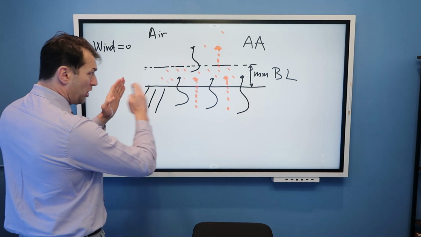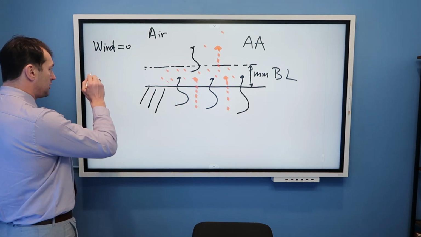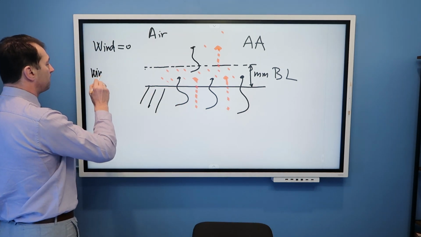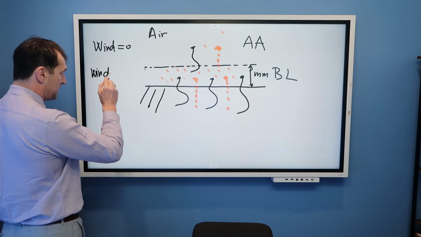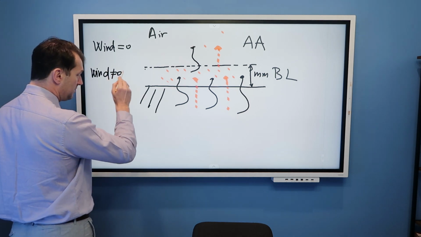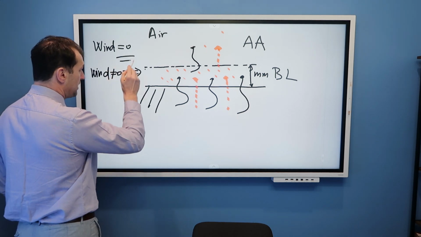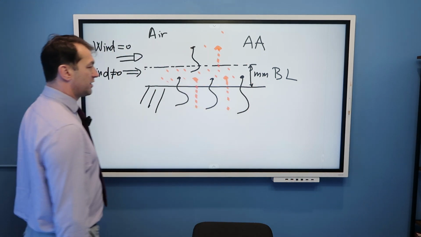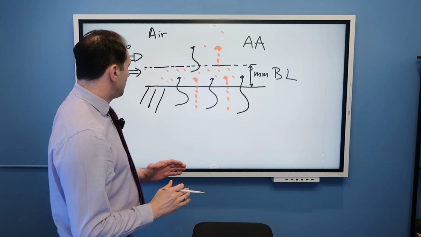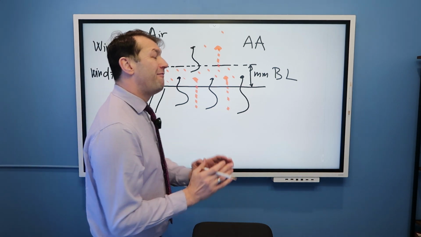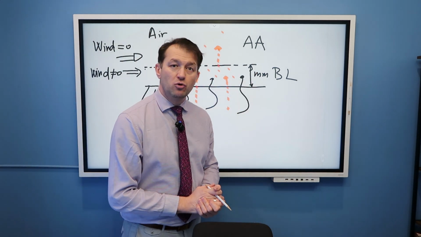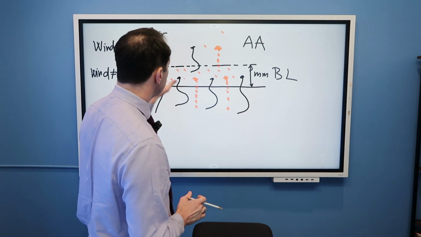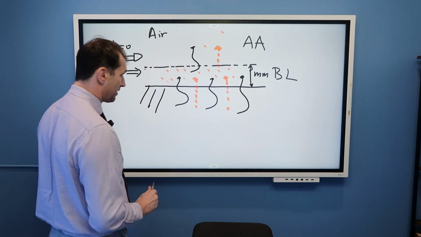However, what is happening now if we do have wind? So wind is not 0, and wind starts blowing here across the ambient atmosphere and also across the boundary layer. Well, wind is very efficient at removing heat and this water vapor from the boundary layer.